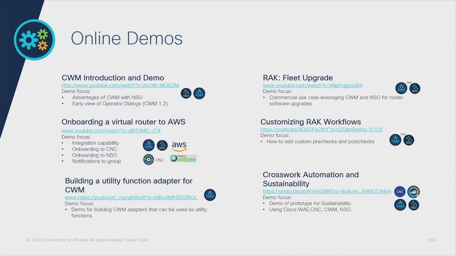We also have a CWM demo onboarding a virtual router to AWS, as well as building a utility function adapter for CWM using those SDKs. There's also a good demo of customizing the RAC workflows, right, to implement whatever MOPs it is that you're using. And finally, there's a great Crosswork automation and sustainability demo, which showcases WAE, CNC, CWM, and NSO.